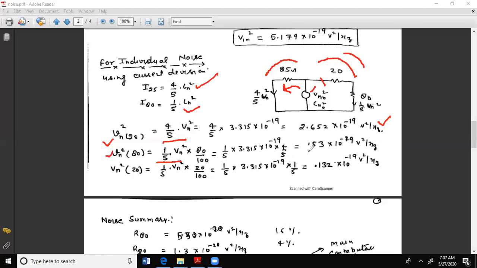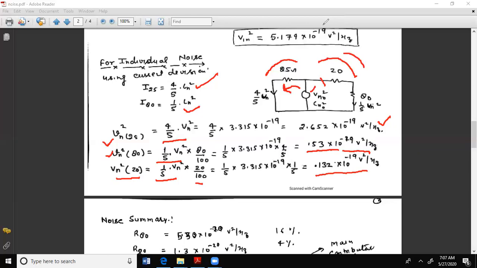So this is equivalent to 0.53 times 10 to the power minus 19 volt square per hertz. And the noise due to the 20 ohm resistance is the same output noise on the right-hand side multiplied by the factor 20 divided by the total resistance on the right-hand side, and mathematically it is equivalent to this term.